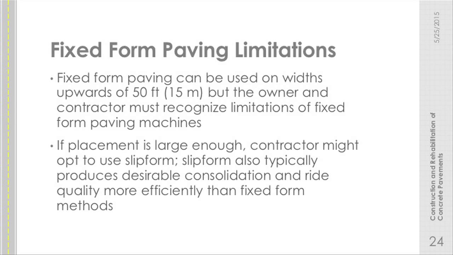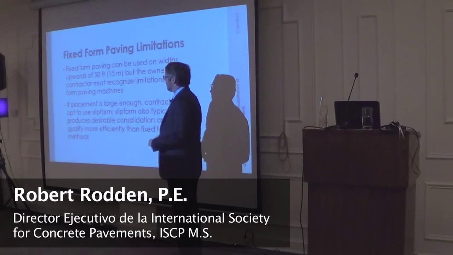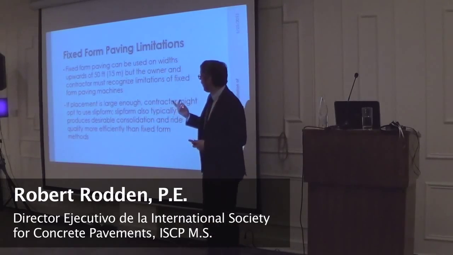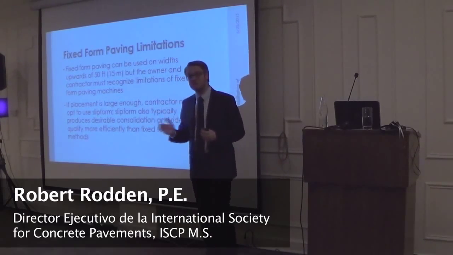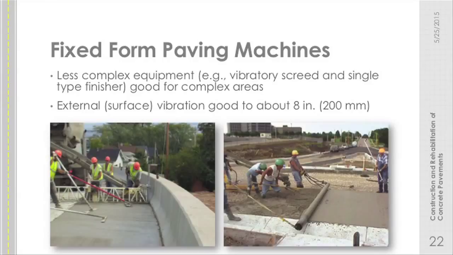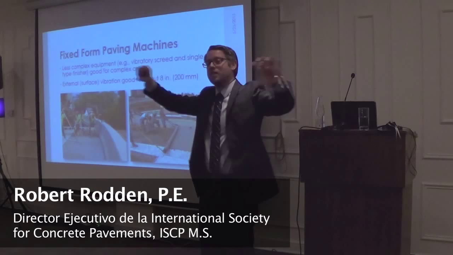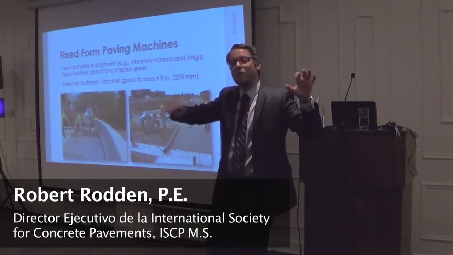So, fixed form paving limitations. You can pave up to about 15 meters wide, but there are some limitations once you get too wide. We're talking about relatively lightweight pieces of equipment. This steel cylinder, for example, if it becomes too wide, it's too slender. It'll start to bend down across that width.